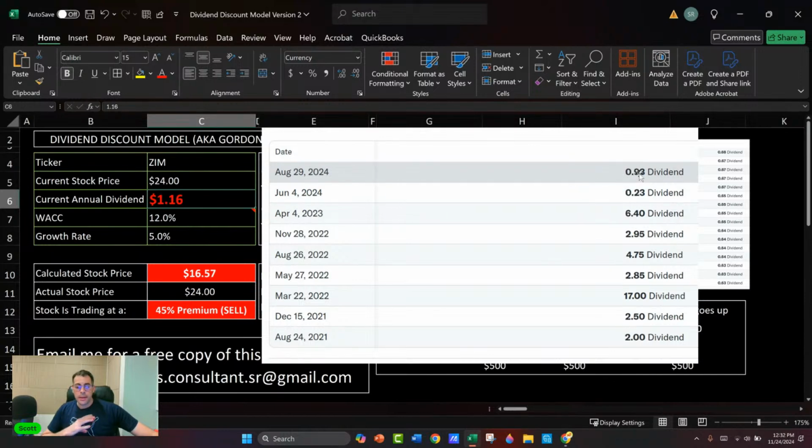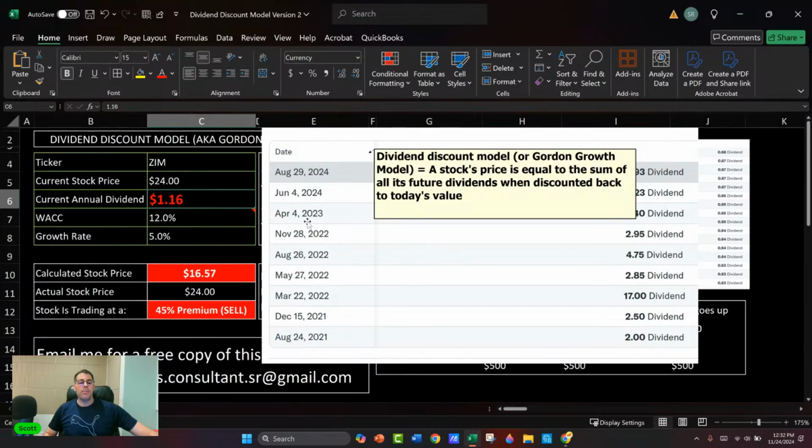Wait, let me think about it. So we're looking for November 2023 through November 2024. What dividends did they pay? So they only paid two in the past 12 months.